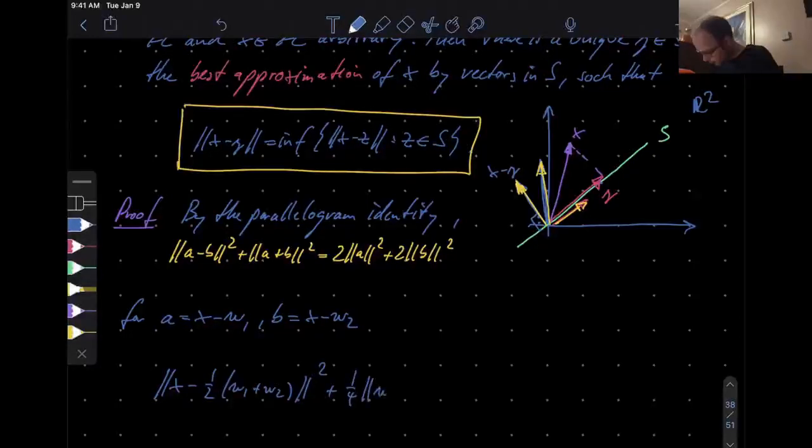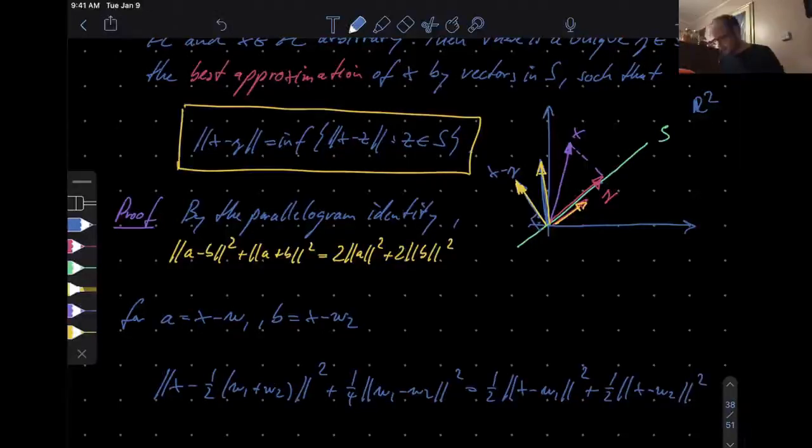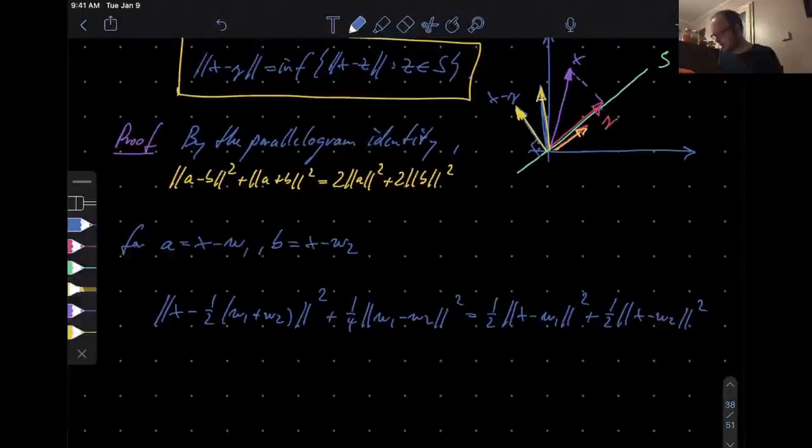So 1/4 of the norm of W1 minus W2 squared is equal to 1/2 the norm of X minus W1 squared plus 1/2 the norm of X minus W2 squared minus the norm of X minus 1/2 (W1 plus W2) squared. The right hand side you can spot immediately, and then you divide the whole thing by 4 and then you have this. So we will use that as a helper in a few moments.